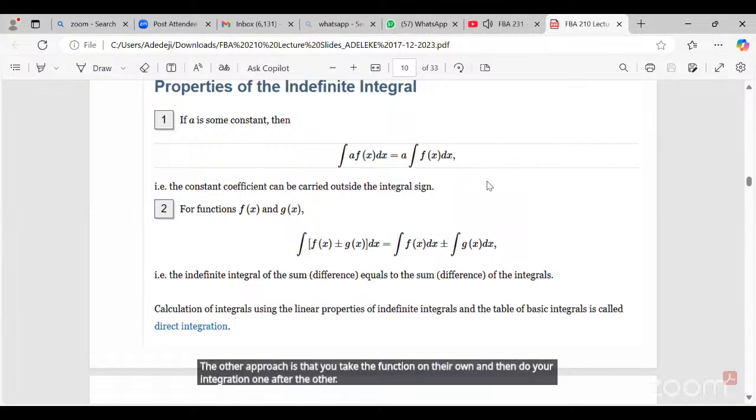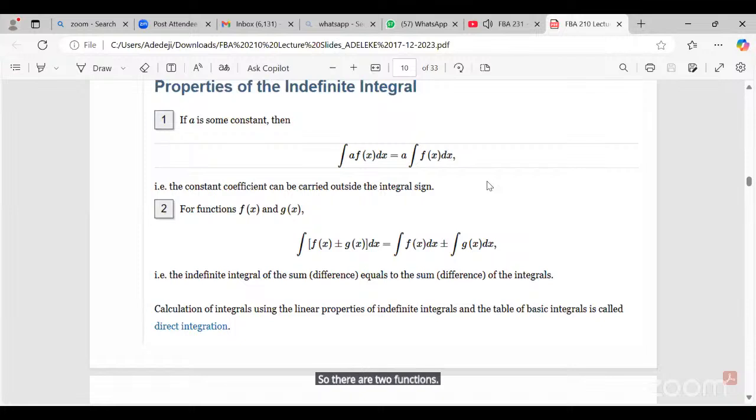So if there are two functions, integrate function 1, integrate function 2, and then you add up the two integrals, and that gives you the resulting integration. Or you could just add function 1 to function 2, and whatever you get, you then integrate. That's another approach.